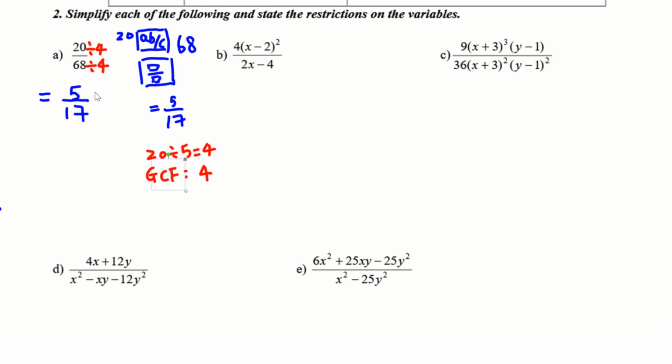For part 1, we are going to just focus on simplifying rational expressions. And in part 2, we are going to see how to do multiplying and dividing rational expressions.